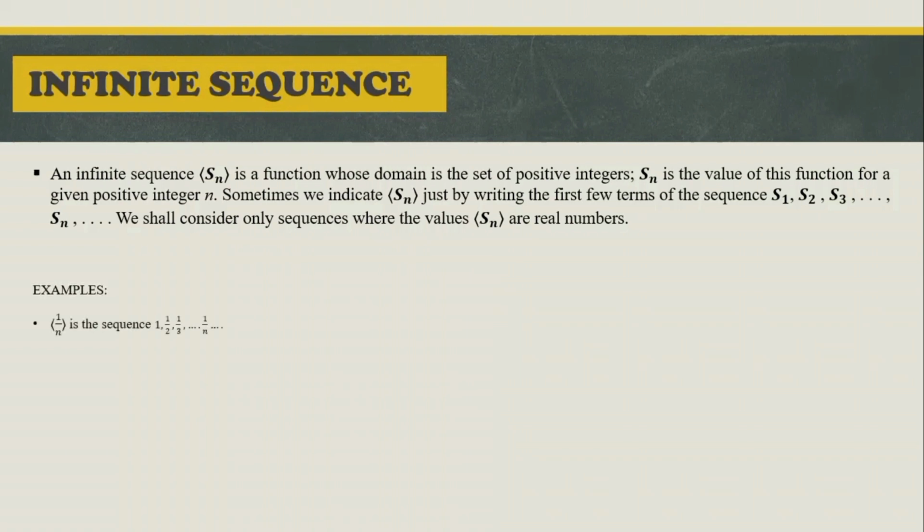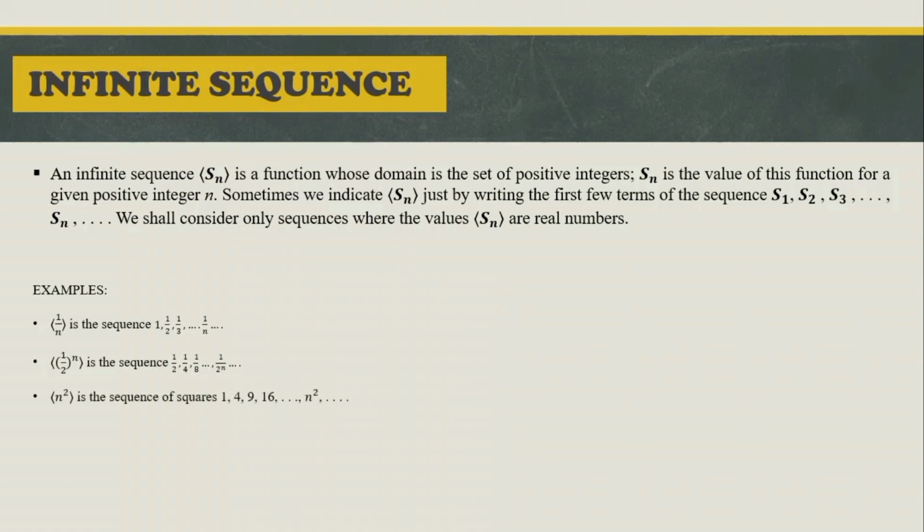Examples. The infinite sequence of 1 over n is the sequence 1, 1/2, 1/3, and so on, 1/n. Next is the infinite sequence of 1 over 2 to the power of n, the sequence 1/2, 1/4, 1/8, and so on, 1 over 2 to the power of n.